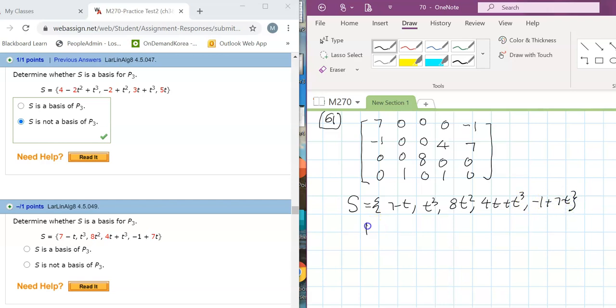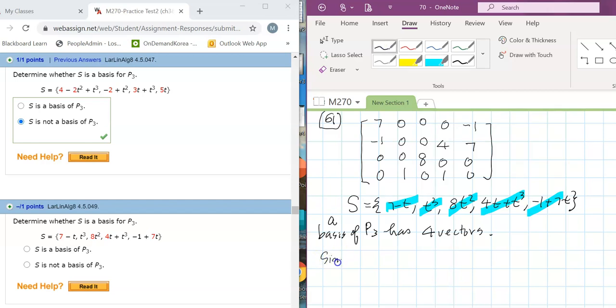Okay. A basis of P3 has 4 vectors. Okay. So now how many vectors in here? 1, 2, 3, 4, 5.